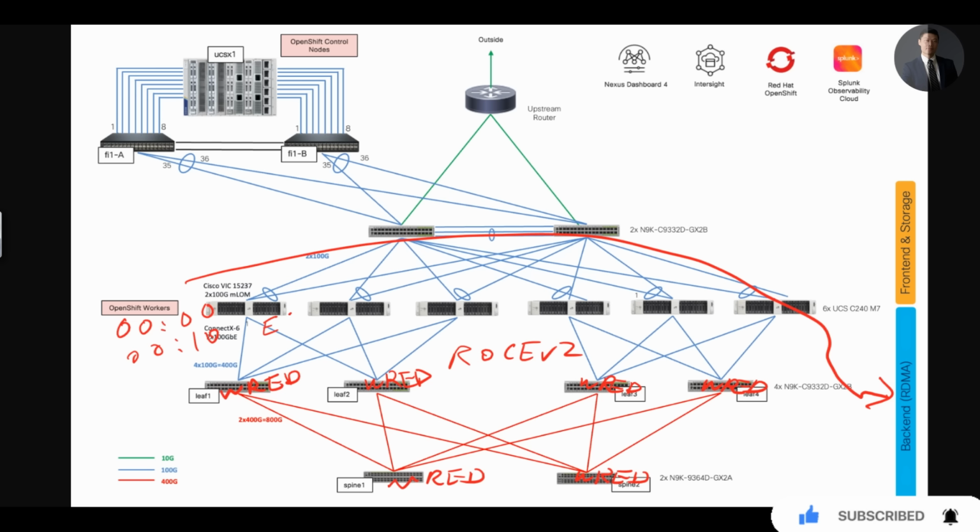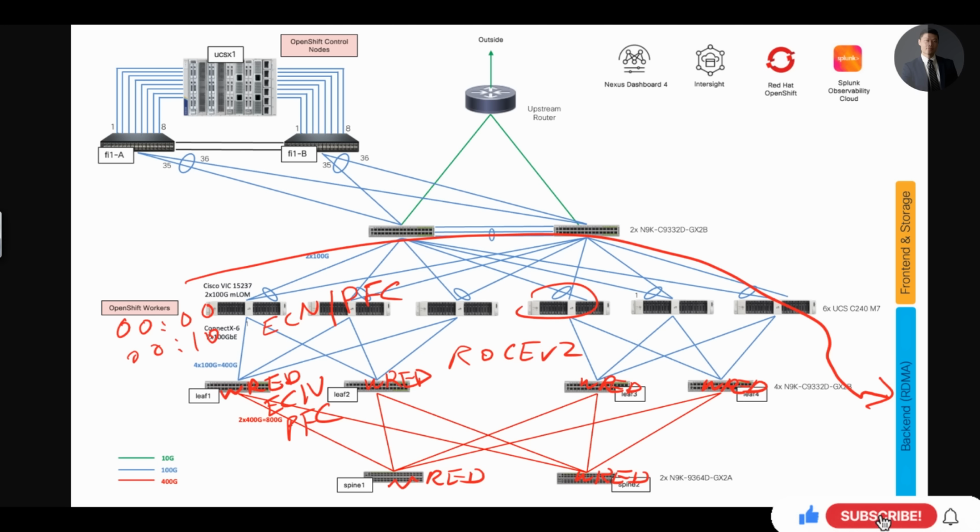So this switch starts marking packets with ECN, this is the ECN bit, and sends the PFC pause frame as needed. Say this is the destination, this is the source server.